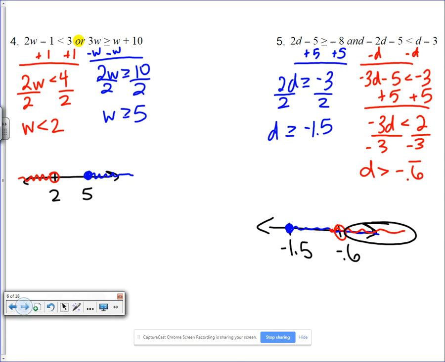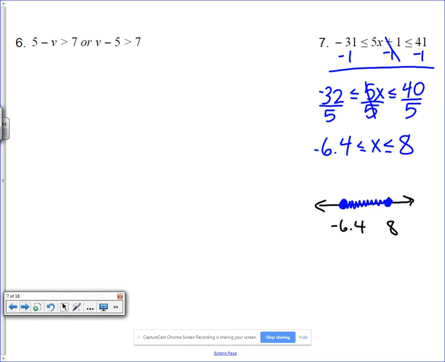Dalton, we're back to you anyways for number 6. Help me isolate that V, please. Oh, I'm on number 6. Good. What do I have now? Greater than. Good. One more step.